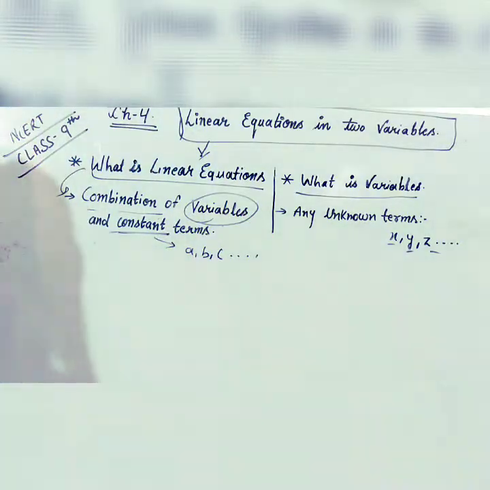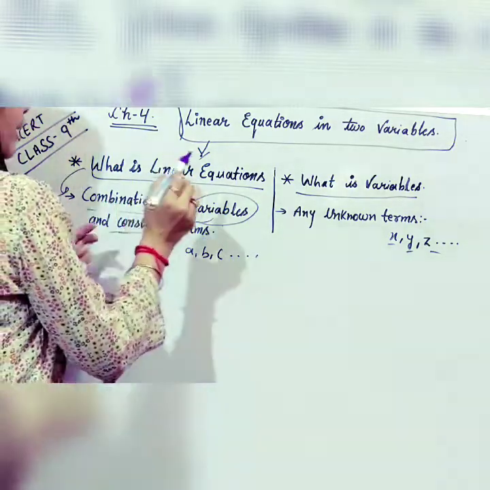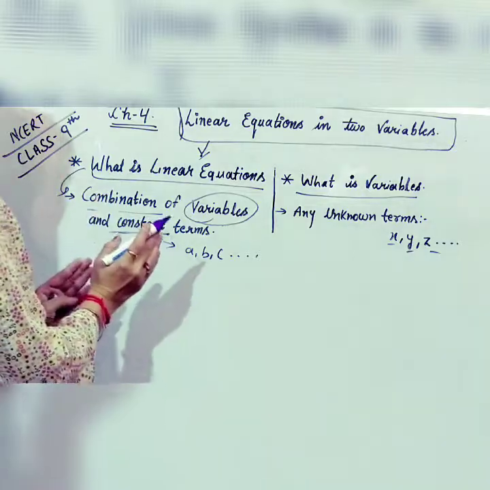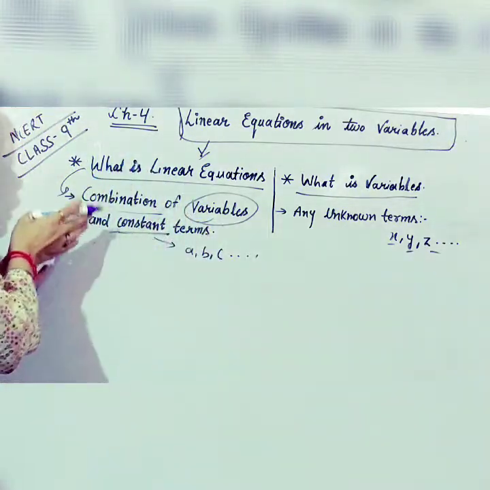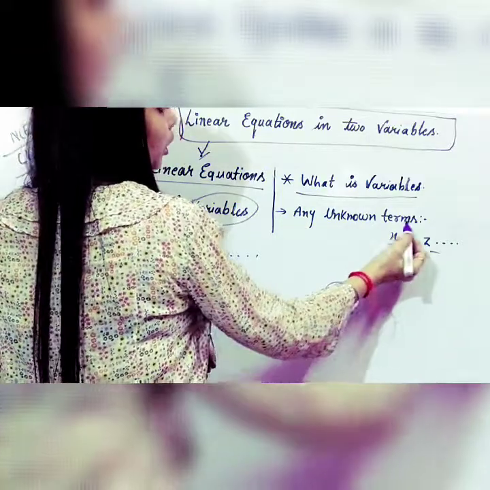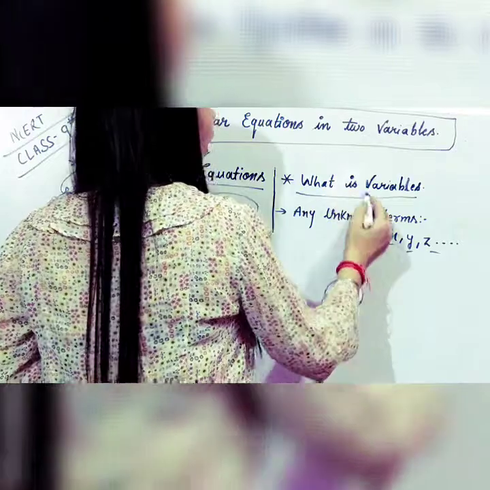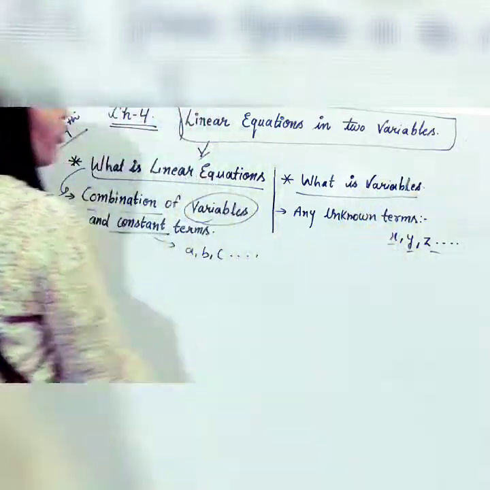So the definition: a linear equation is a combination of variables and constant terms, and a variable is any unknown term, that is x, y, z and so on.